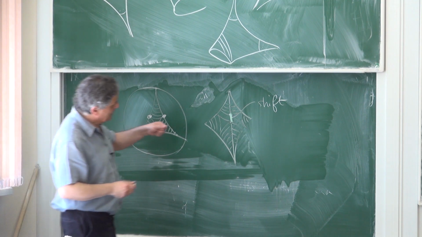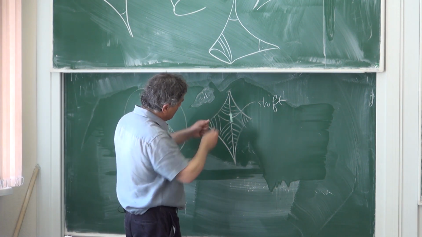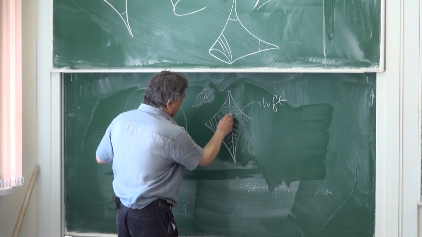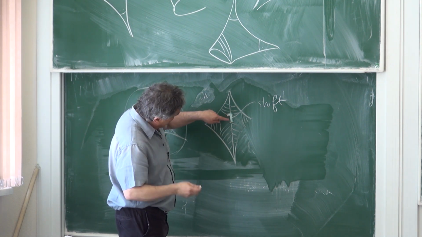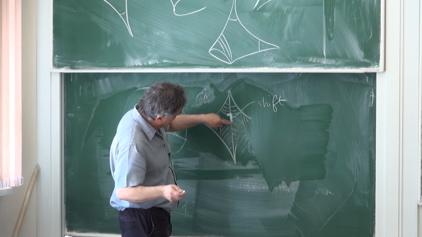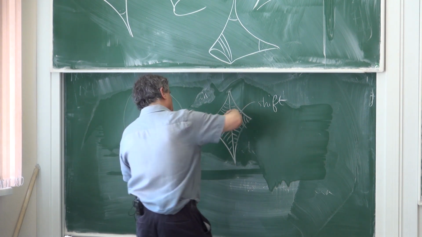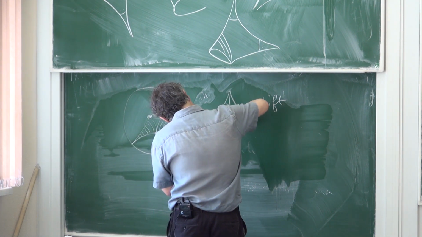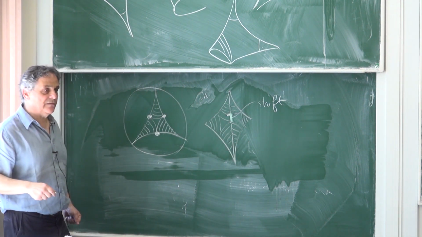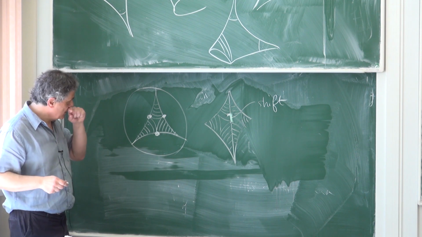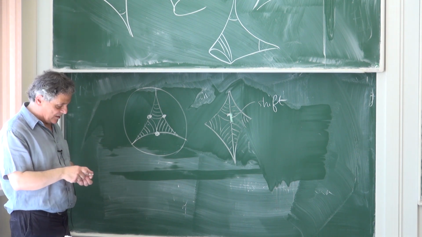I can decide that the positive shear is when I look from this triangle to this triangle, then I see it on my right-hand side. So this is a well-defined shift, which can be positive or negative.